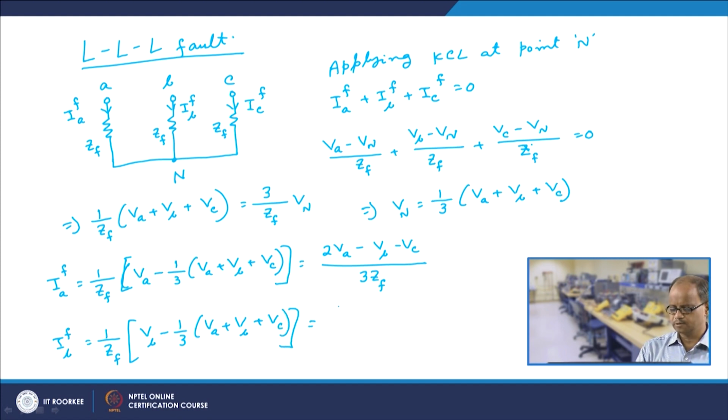It would be (minus Va plus 2 Vb minus Vc) by 3 ZF.